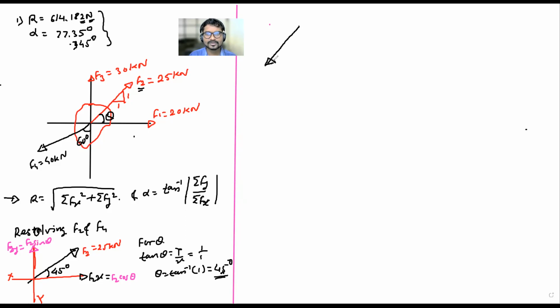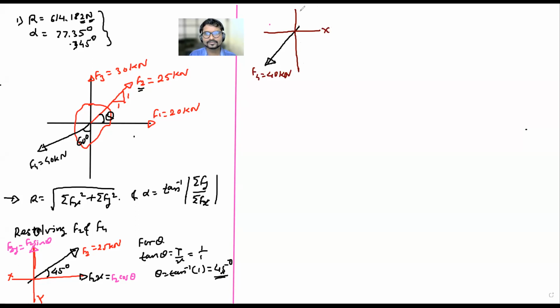Okay. Then what is next? Draw the x and y axis. So mark the point and generate the horizontal line as x axis and the vertical line as y axis. This is our force F4 is equals to 40 kilonewtons.